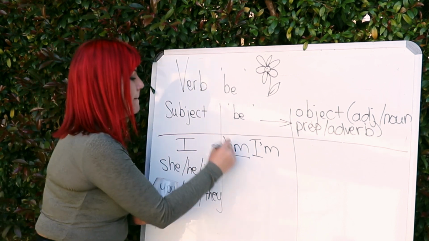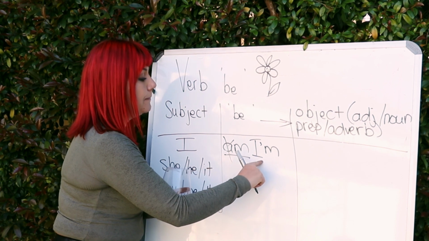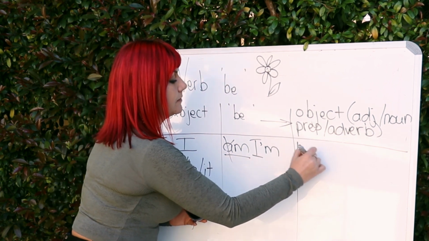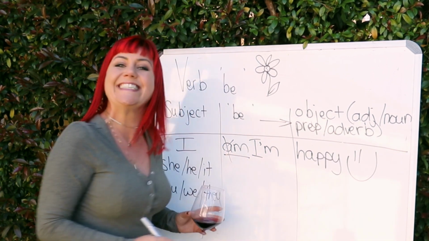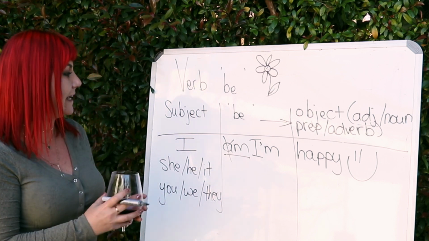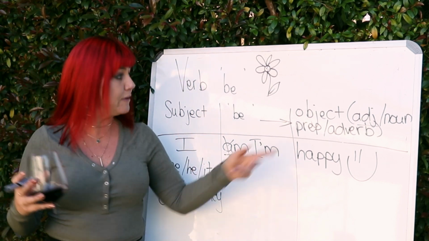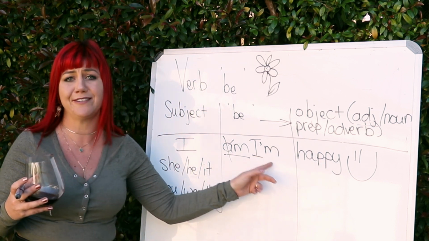It's gone. Bye. Don't want you here anymore. So I'm happy. Okay? And that's your adjective. So I'm happy. It's describing you. And remember, an adjective is a describing word. So this is telling you about this.